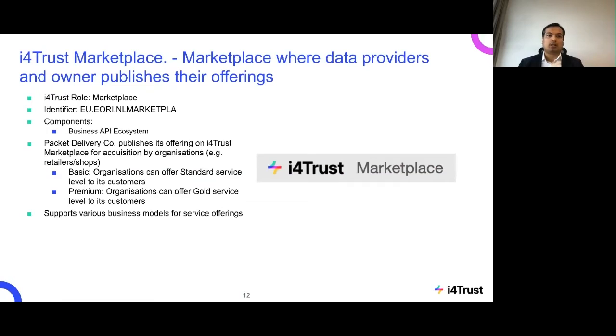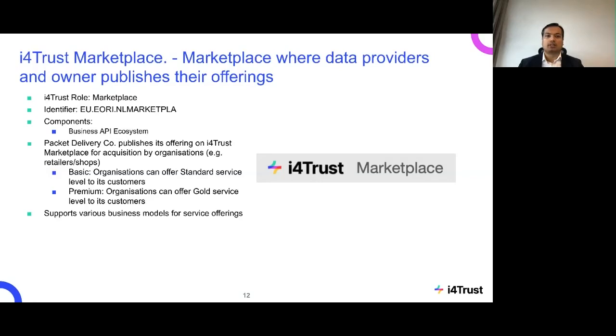Another enabler in this space is the I4Trust marketplace, which of course we learned about yesterday. It plays the role of the marketplace. This is where the package delivery company can publish its offering, so that the e-commerce websites can browse it on the marketplace, compare it with other providers, and choose the best offering that suits them.